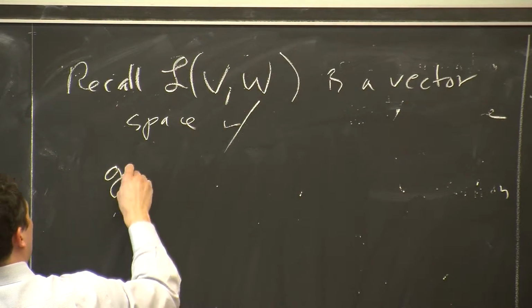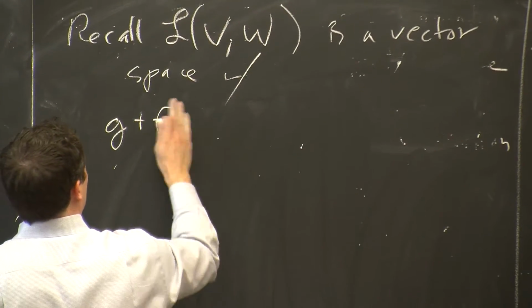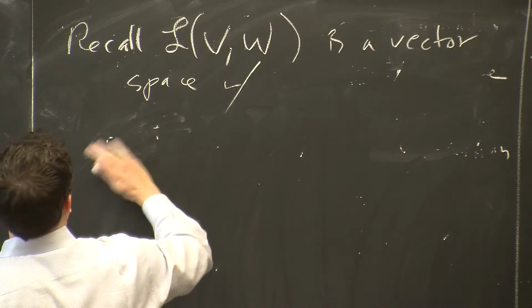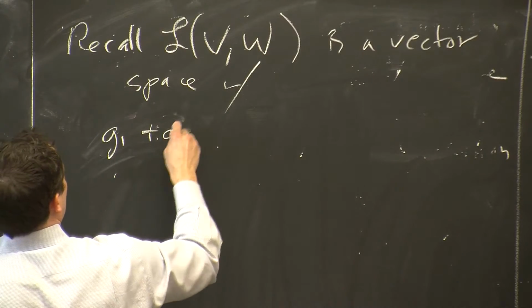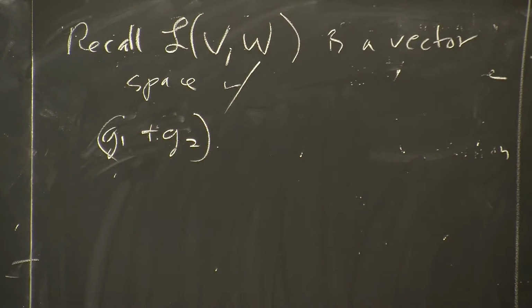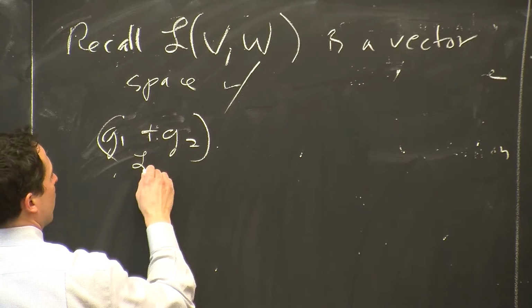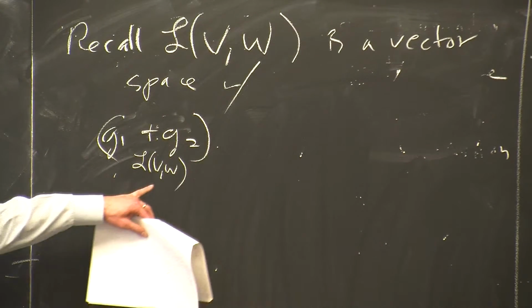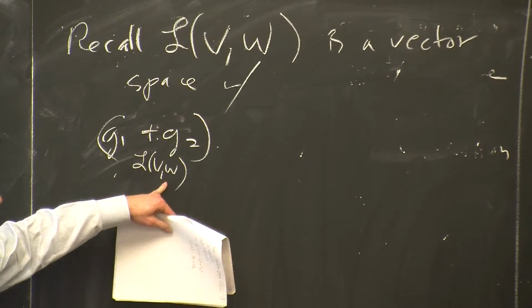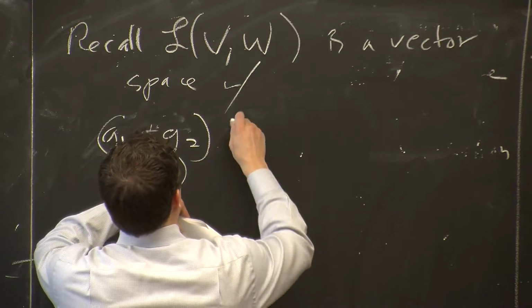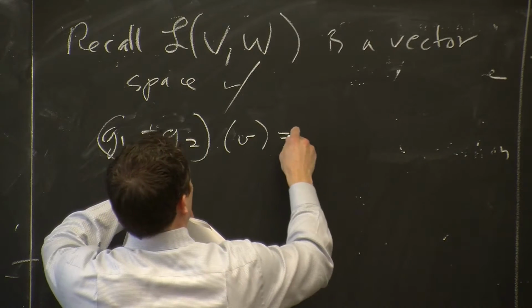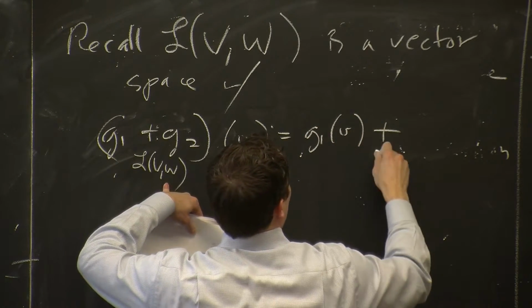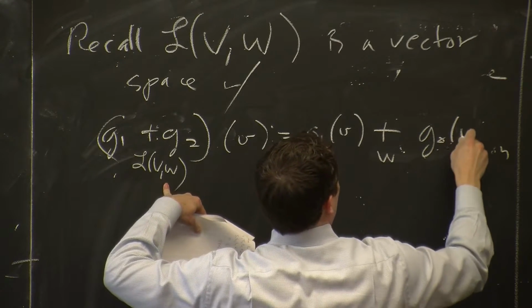It has an addition. Well, let's make it F1 and F2 just to be consistent, G1 and G2. G1 plus G2. The definition of addition in Hom(V,W) comes from addition in W. We know how to add vectors in W, so we just say for anything in V, we define this to be G1 of V plus, in W, G2 of V.